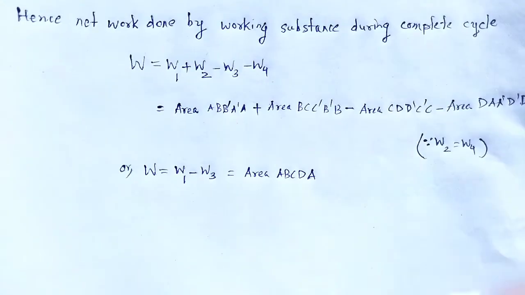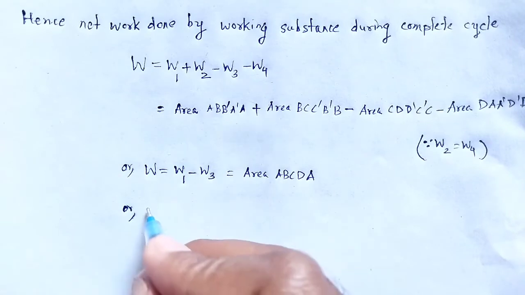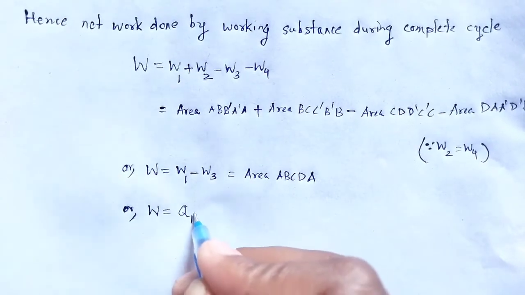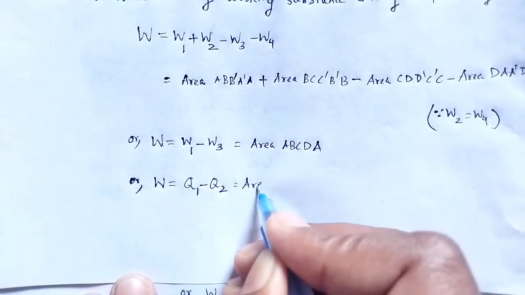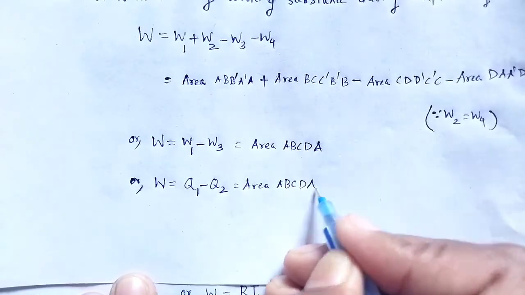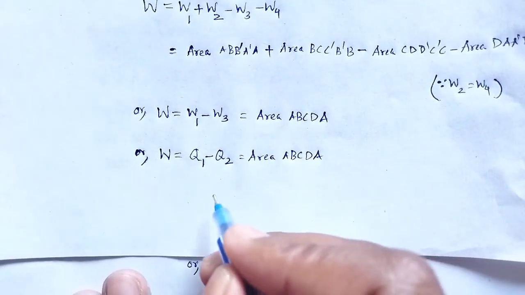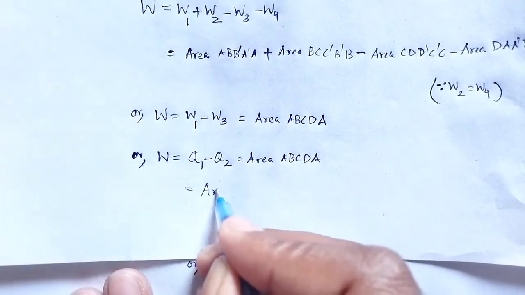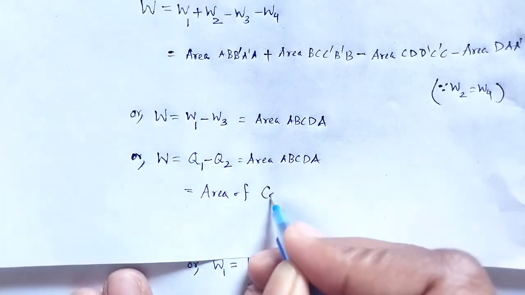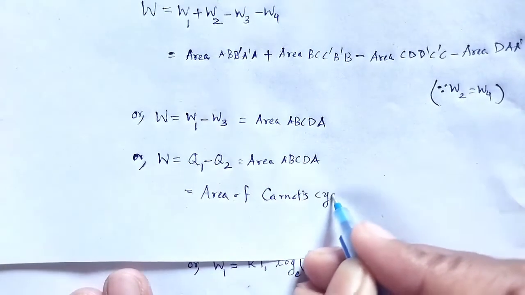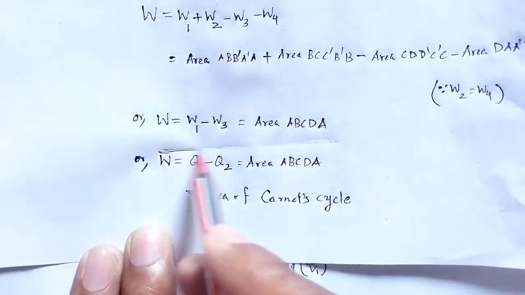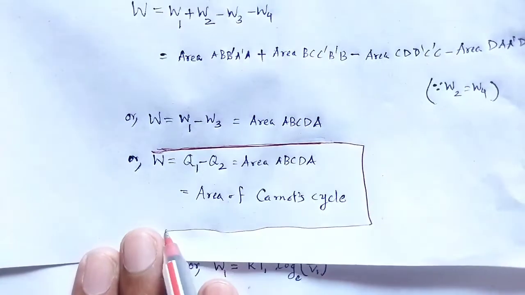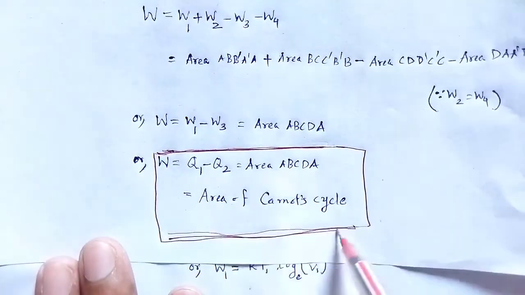So W1 minus W3 can be written as Q1 minus Q2, which is the area A, B, C, D, A, and that overall thing is nothing but the area of Carnot's cycle, the cycle from A, B, C, D, A. So that is the total work done during a Carnot's cycle.